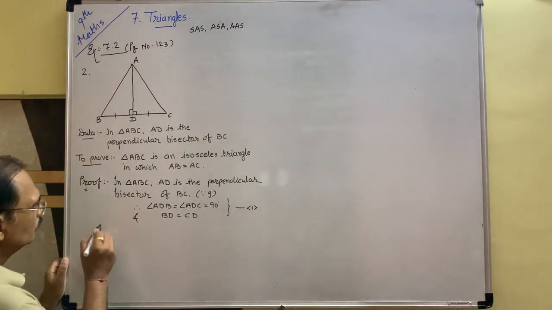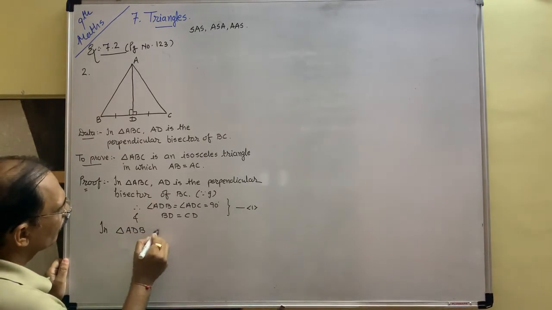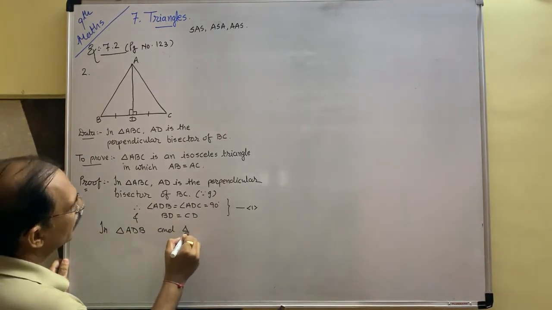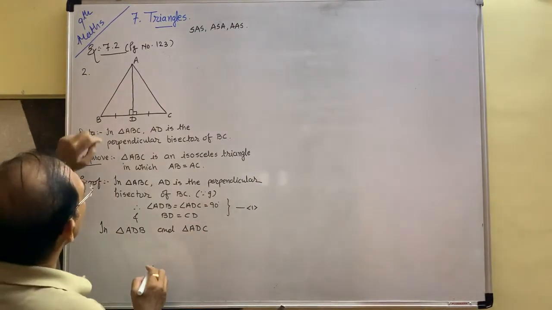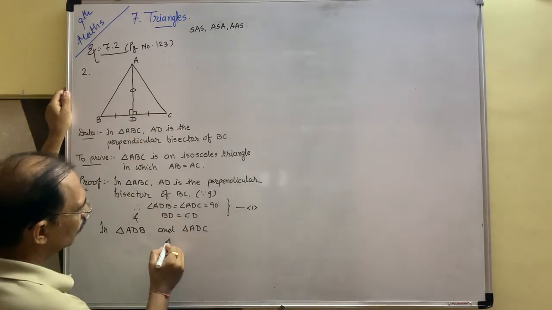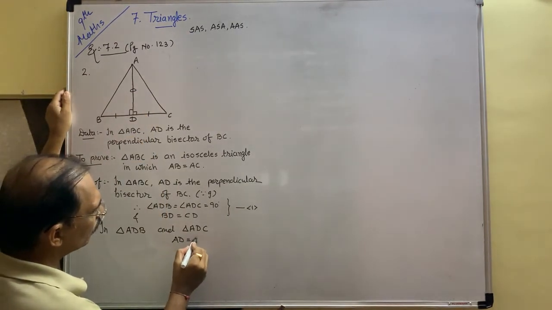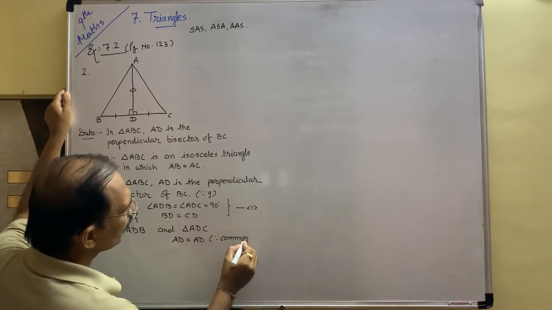In triangle ADB and triangle ADC, AD is the common side for both triangles. AD equals AD, common side.